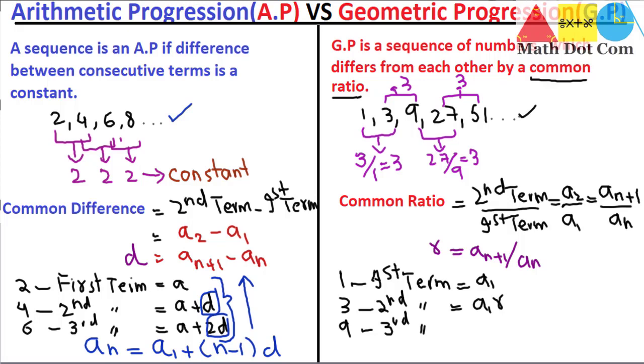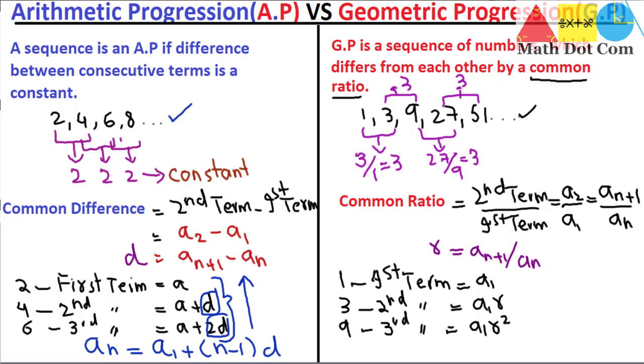It means when we multiply the given term with the common ratio, we will get the desired term in the geometric progression. We have to multiply by r with every term to get the next one. So what we get here is a_1 r squared, and so on. So what will be the generic form?